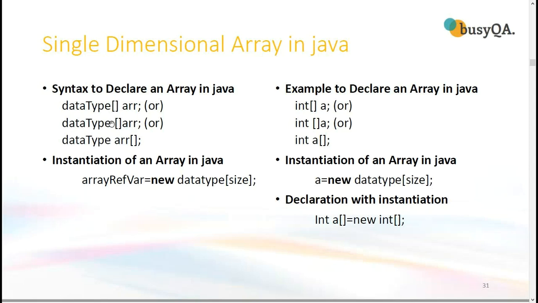It's just showing you that I can put a space after my data type, or I can put this space before the name of the array. I like the third way better. It's more natural to me: int a array instead of int square bracket a or int bracket space a.